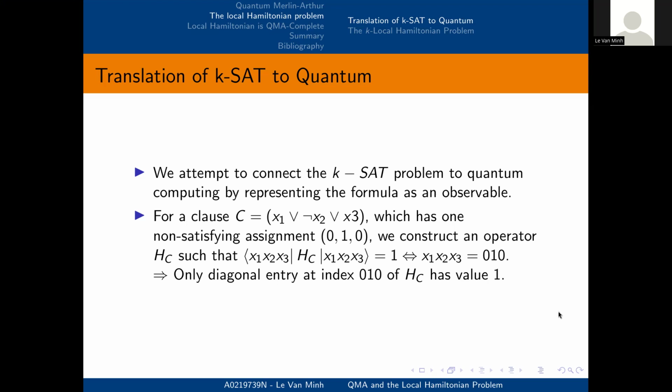And we can see that this is equivalent to only the diagonal entry at the index 0, 1, 0, that is equivalent to 2, of HC having a value 1, from the formula that we have proved in tutorial 2.